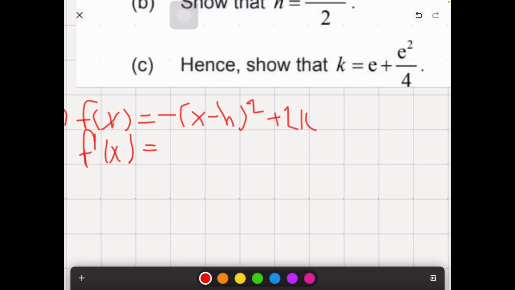So if we take the derivative of this, then we get negative 2 times (x minus h). And that's what we should get for f derivative of x. There's also an implicit chain rule, because we're technically multiplying by 1, because the derivative of x is 1. But technically, we don't have to write the 1, so it just becomes negative 2 times (x minus h).